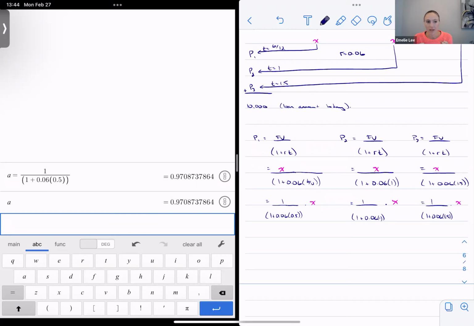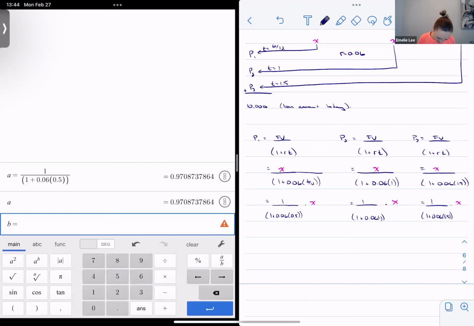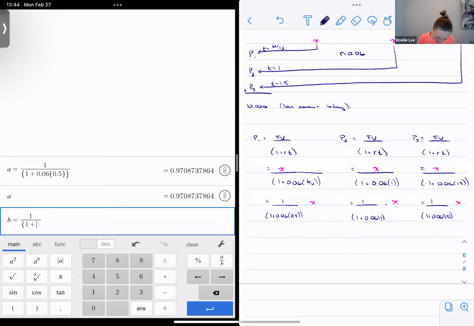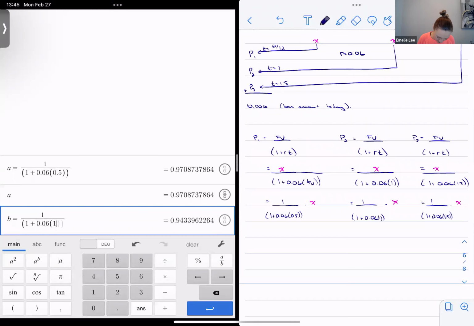If you're working in that financial calculator, I'm not going to pull it up because it's definitely going to play an ad or two. Then use the store function, right? But my next one, I'm going to call it B equals, and it's going to be 1 divided by 1 plus 0.06 times 1. I'm just putting it there for good measure. So notice that these are 0.9 something something, so close to 1, but not quite 1.